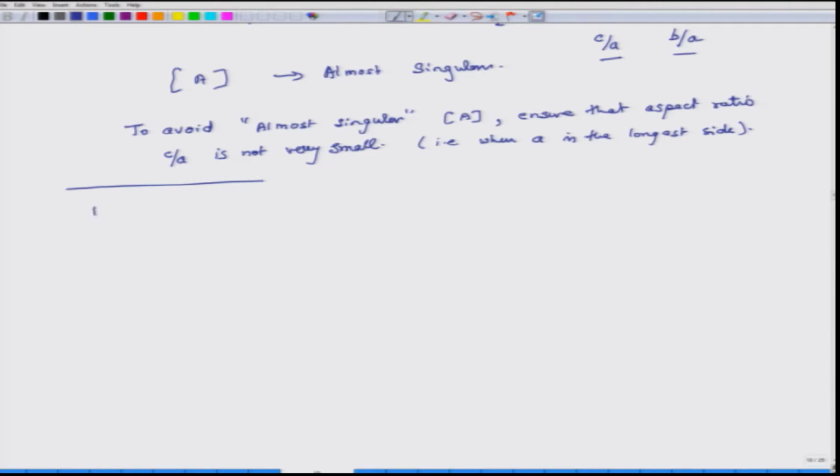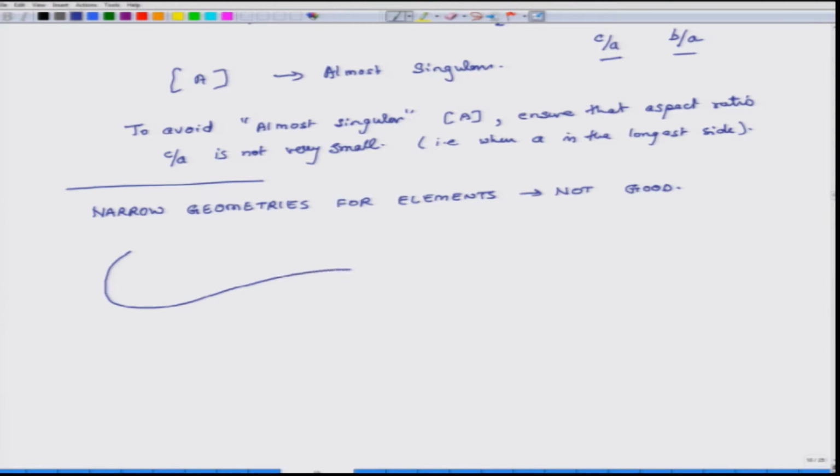So, in general, narrow geometries for elements are not good. Suppose you have an airfoil type of structure and you want to analyze it.